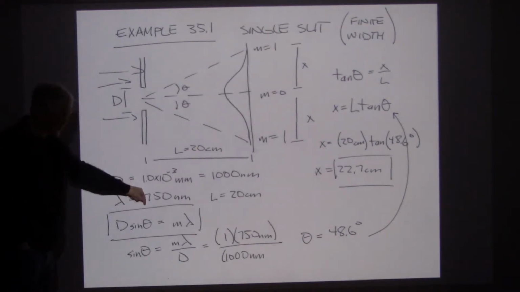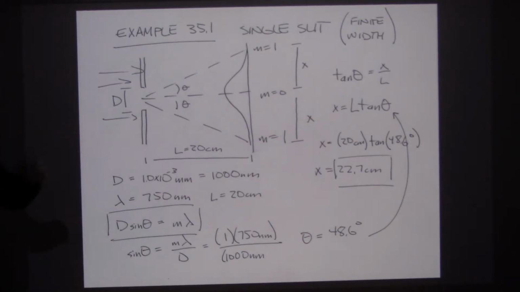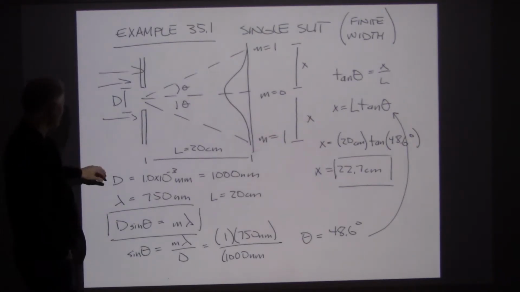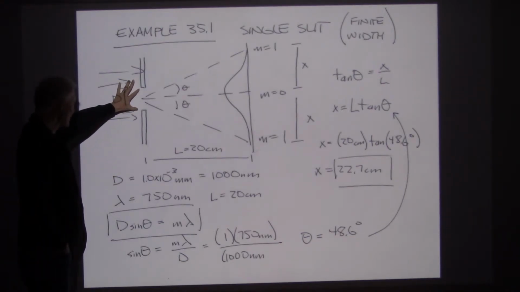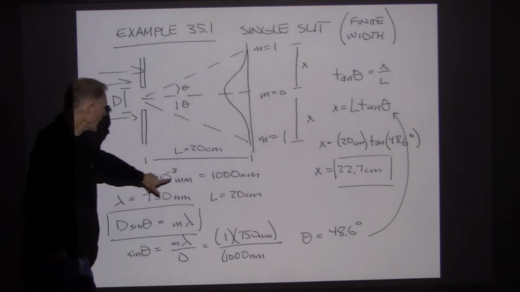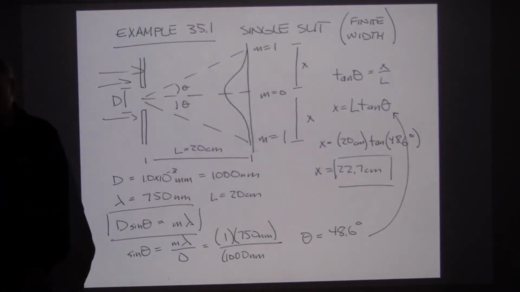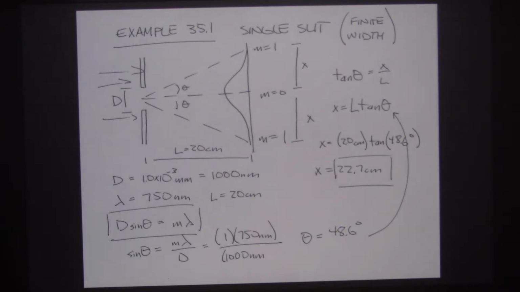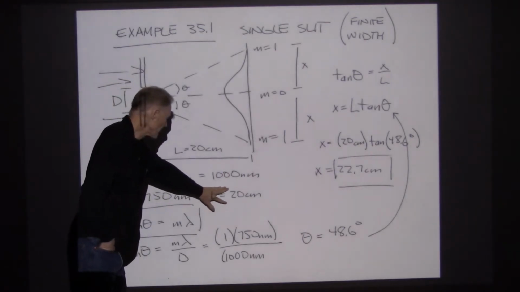My wavelength, they said, was 750 nanometers, so that's red light, and the width of the slit, I converted that also into nanometers, and that works out to be about 1,000 nanometers. It's a really narrow slit, so 1,000 nanometers is very, very narrow. It's not much bigger than the wavelength of the light that's passing through. And then the distance of the screen is 20 centimeters.